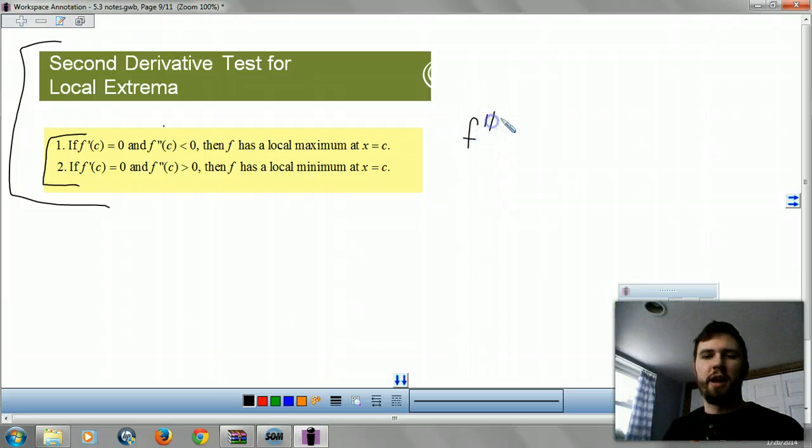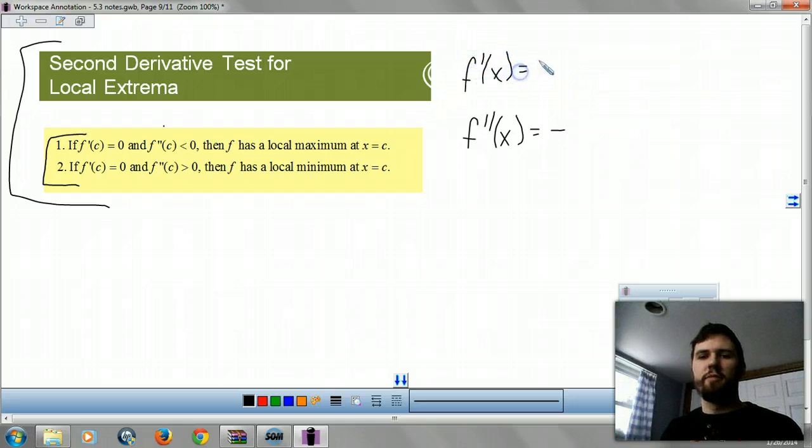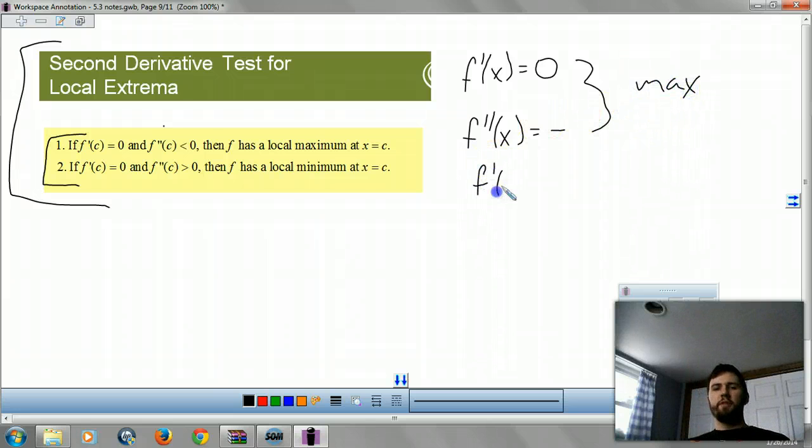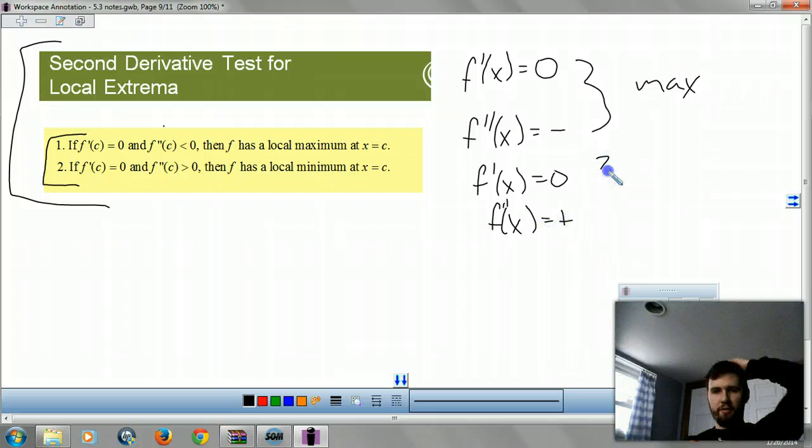So if f double prime of x is negative and f prime of x is 0, then you have a max. Now if f prime of x is 0 and f double prime of x is positive, you have a min.